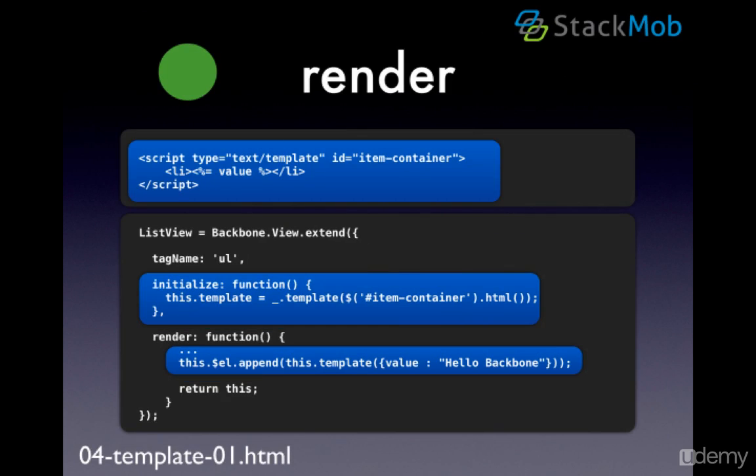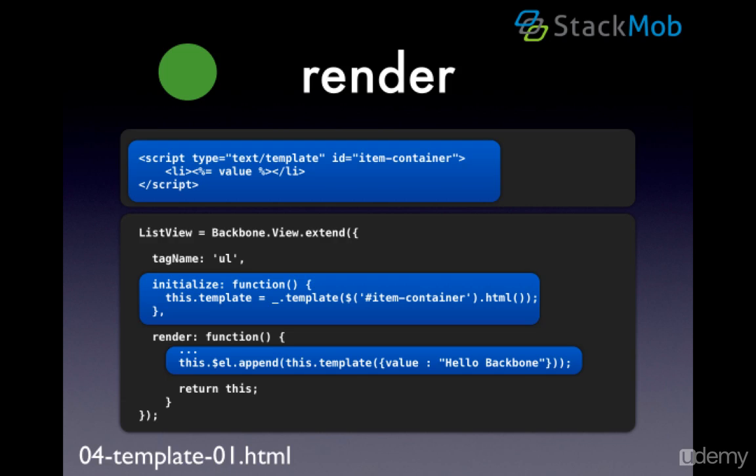Let's look at our first example here. In the top blue block, we have an example of a template. You can see it's simply a script tag that has a type of text/template. I give it an ID so I can actually identify and use that template inside of my render method.